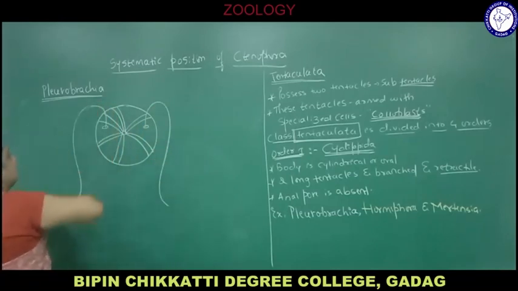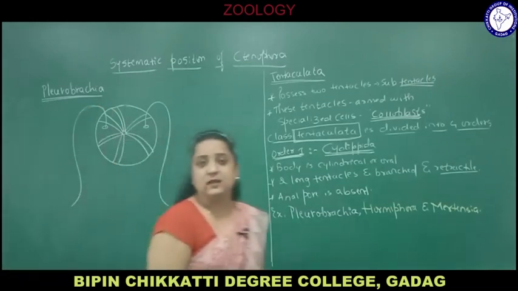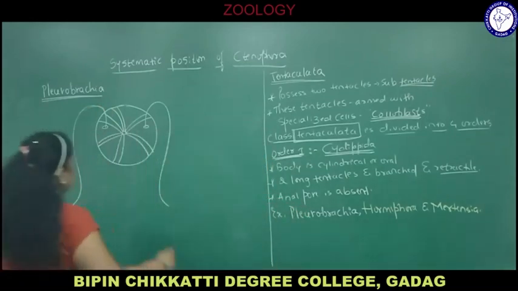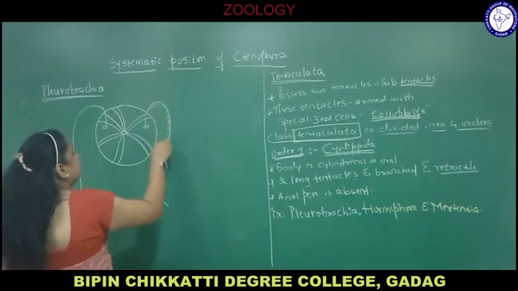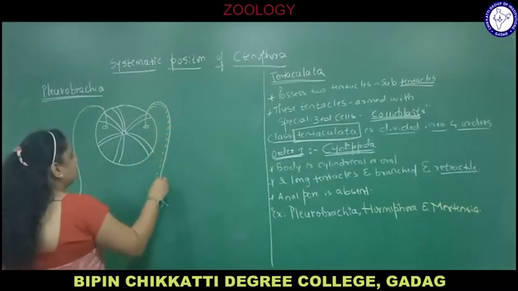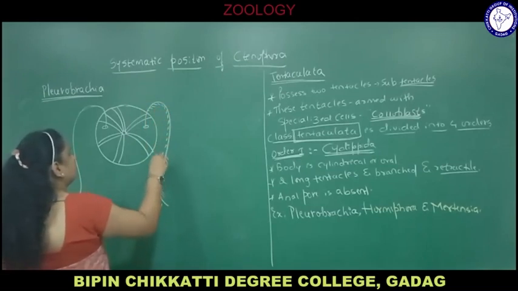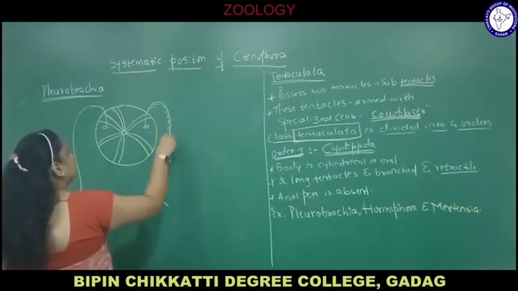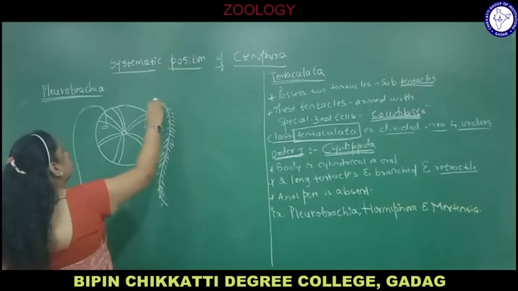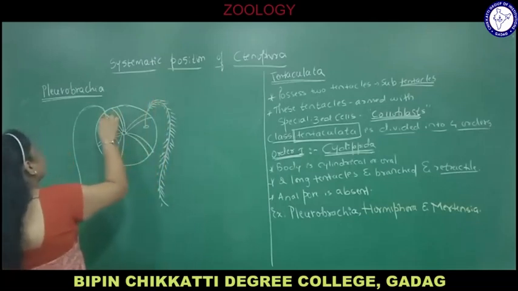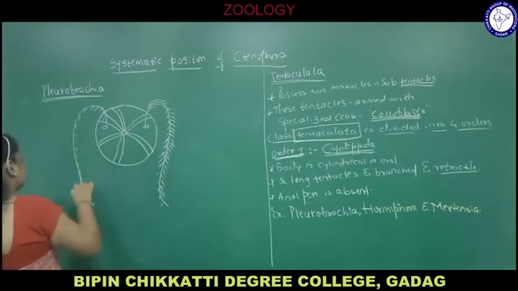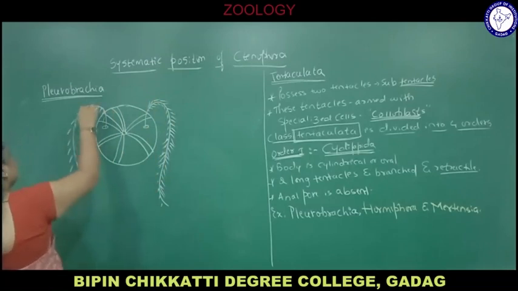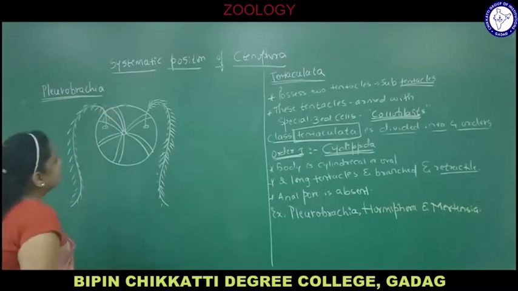Now I think by looking at the diagram you will recall this diagram is given in your class 11 NCERT book, comb jellies, sea walnuts, and I told you they are ciliated. So these are called cilia.